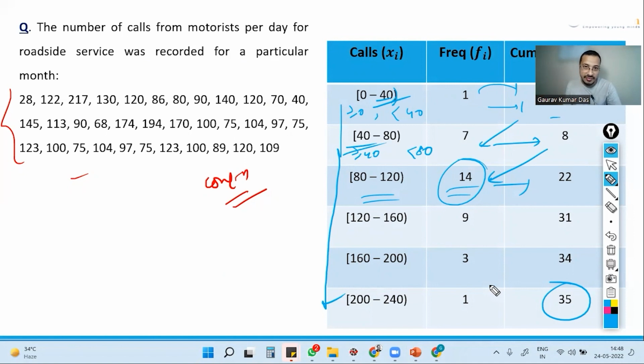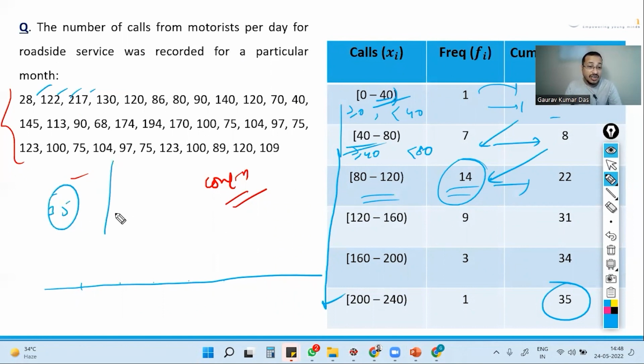Why are we creating intervals? Please understand, if I had considered each of them as discrete data points, what would I have done? I would have simply calculated all the unique values. Maybe I have say 35 numbers here, out of which 33 of them are unique. Okay, so in the x-axis, how many unique numbers will be there? 33 unique numbers will be there.